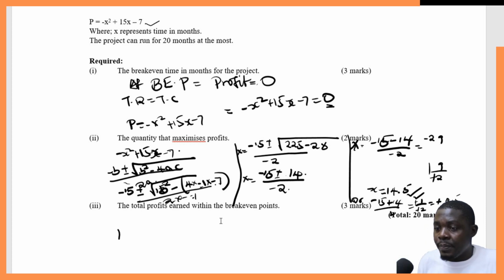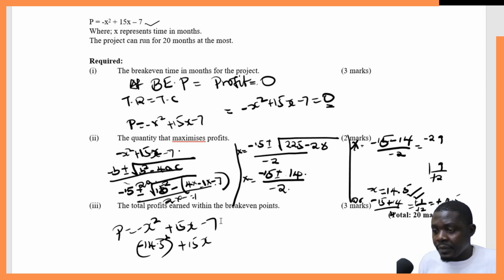P is equal to negative x squared plus 15x minus 7, and then the value of x we have is now 14.5. It's going to be negative 14.5 squared plus 15 multiplied by 14.5 minus 7.